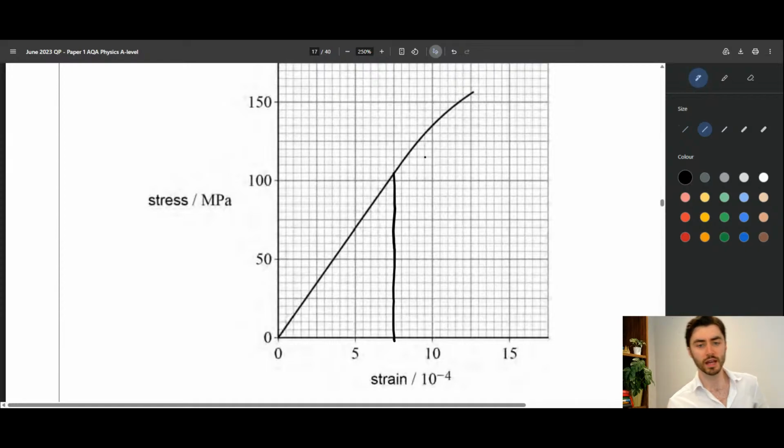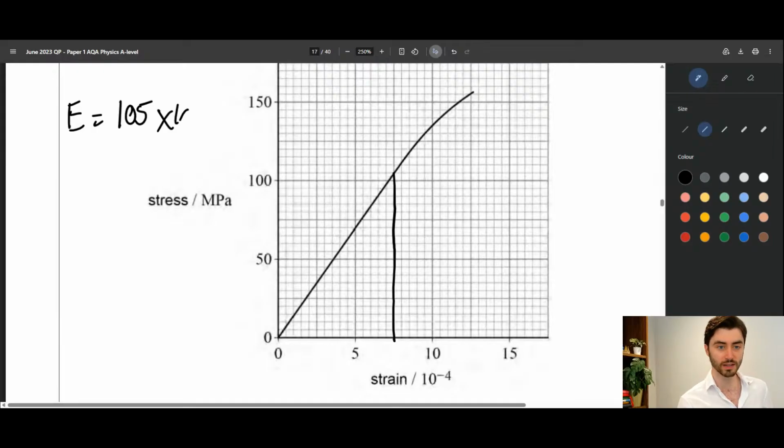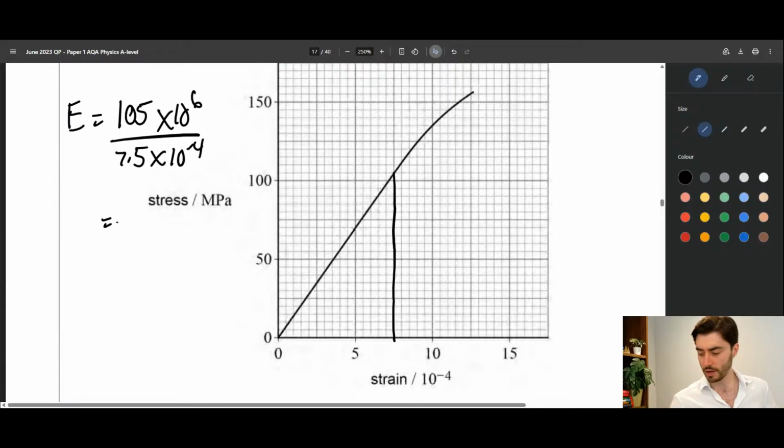And I would say that the Young's modulus will be the change in y, which would be, now that's 150, 125, 120, 110, 105. So it's 105. Look at the units. Mega is times 10 to the 6, all over a strain, which is 7.5, again, units times 10 to the minus 4.